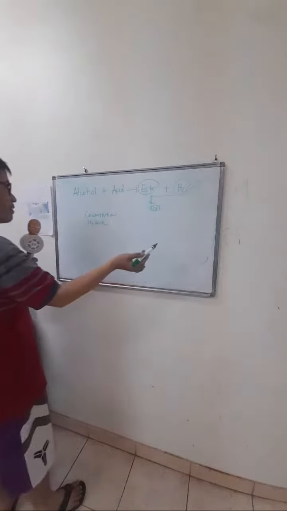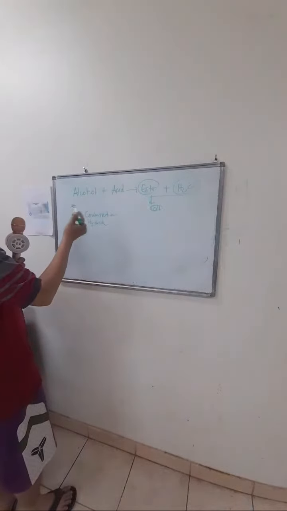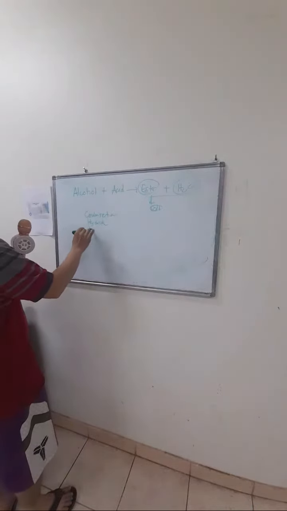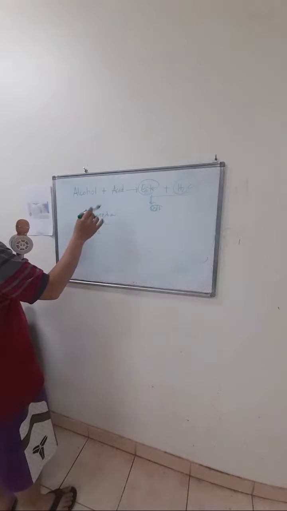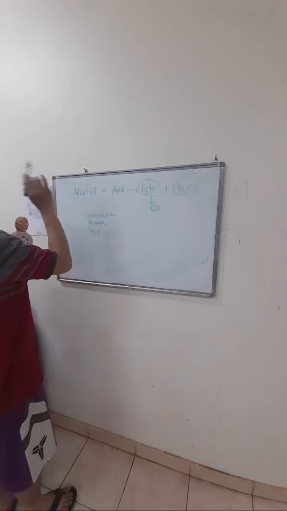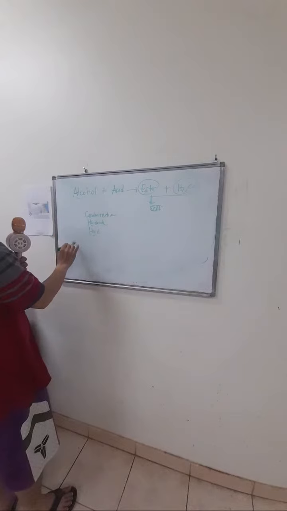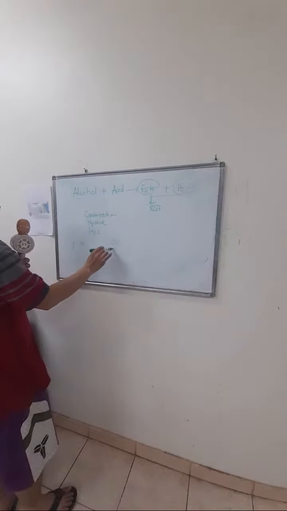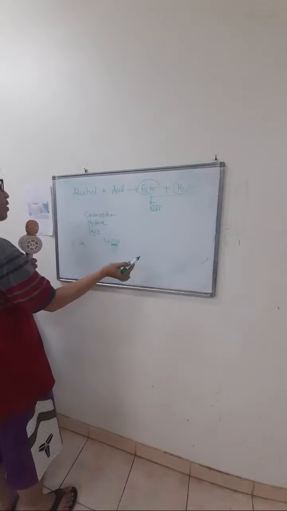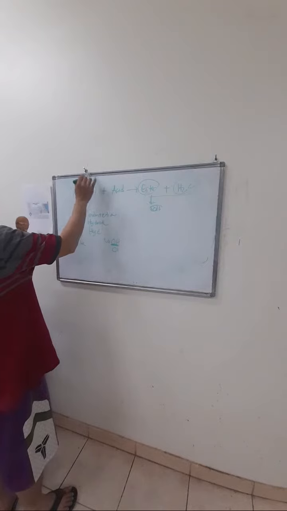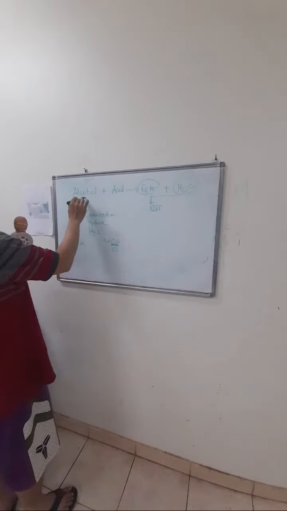And sometimes, if you reverse the equation, it will be hydrolysis, because it's a reaction of salt and water to produce an acid and a base. But in this case, you act your base as an alcohol, because your base is not always referring to ATE. Sometimes OH attachment is also a base, like sodium hydroxide. Then OH is the same with alcohol. Instead of base, generally we will put alcohol.